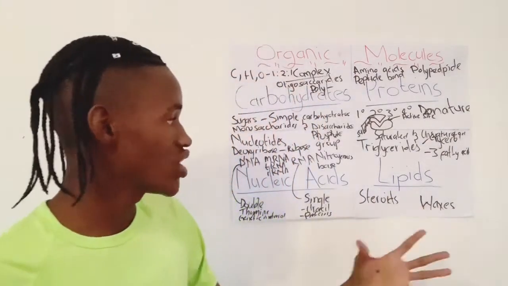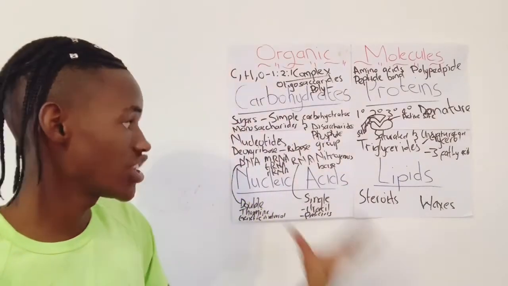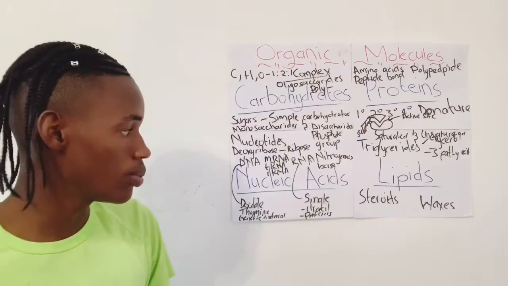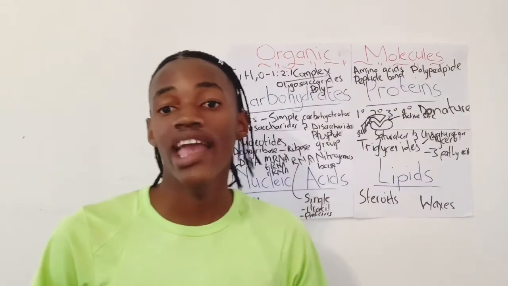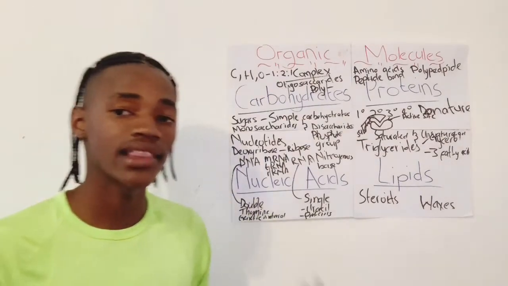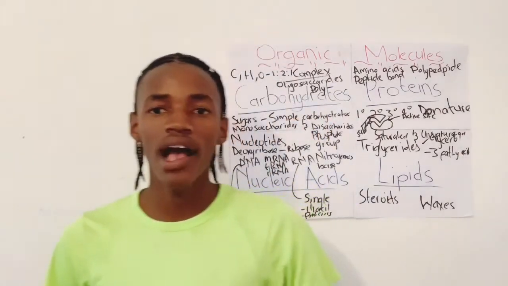Triglycerides can be saturated or unsaturated. Saturated ones have single bonds, unsaturated have a double bond. And then we have steroids, which are fused rings, and waxes, which are fatty acids joined to alcohols.